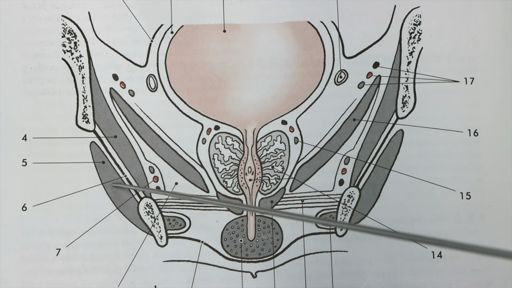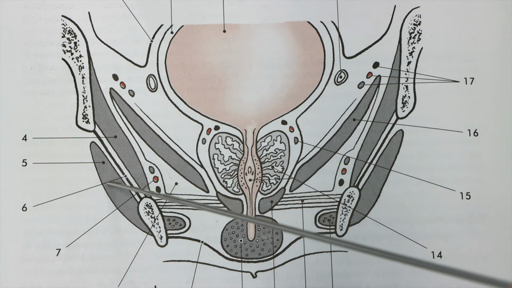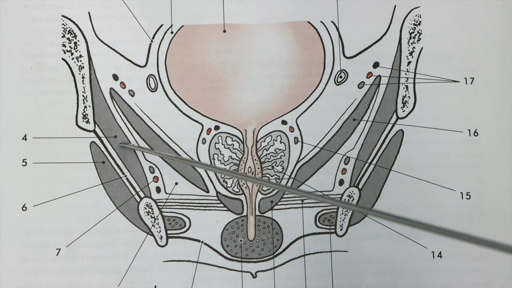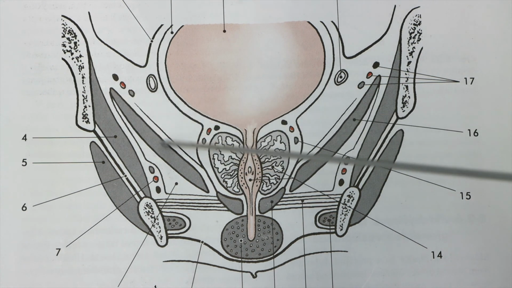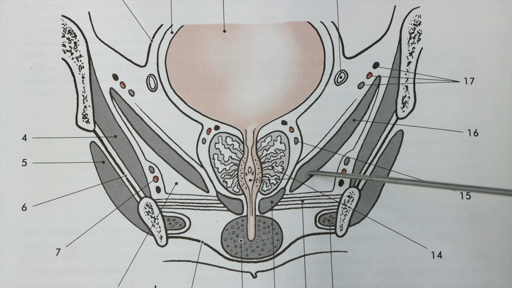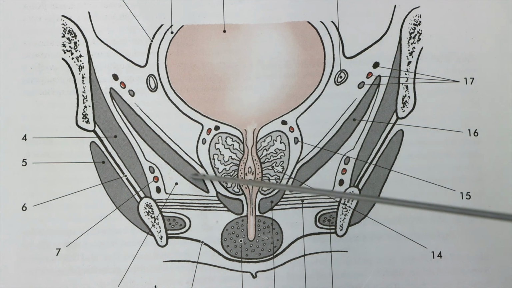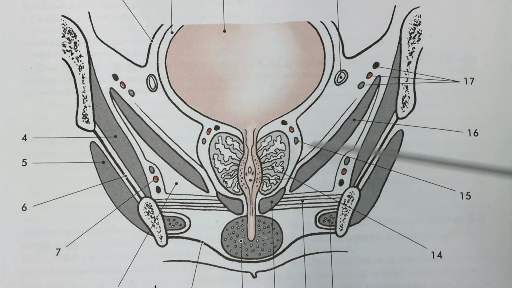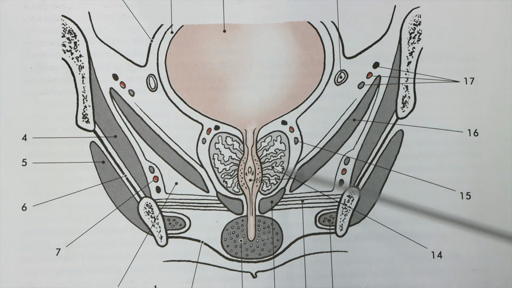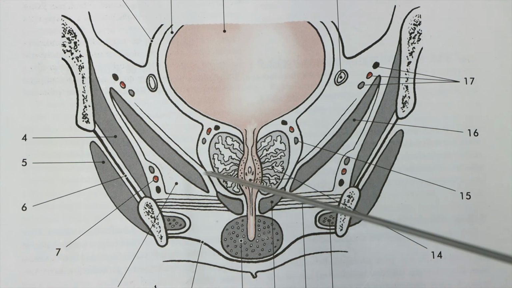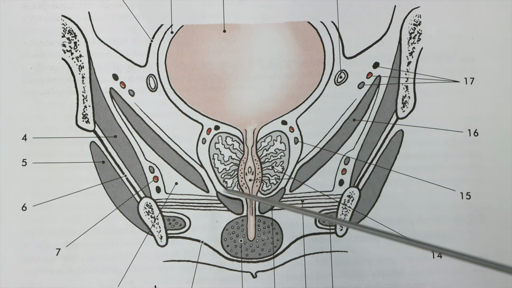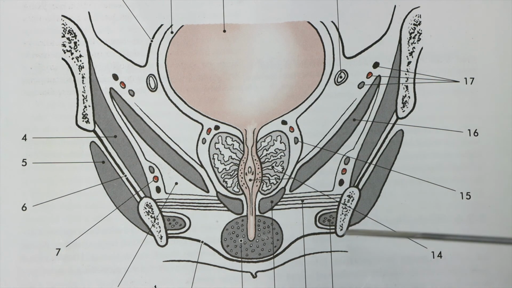On the external part we have the obturator externus muscle, and here is the obturator internus muscle, and here is the levator ani muscle, which makes the pelvic diaphragm, and the prostate is related laterally with the levator ani, or the pelvic diaphragm.